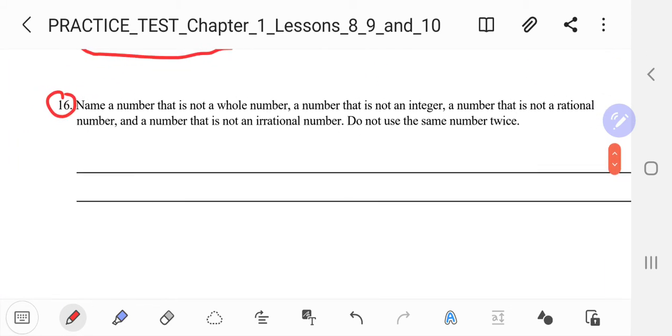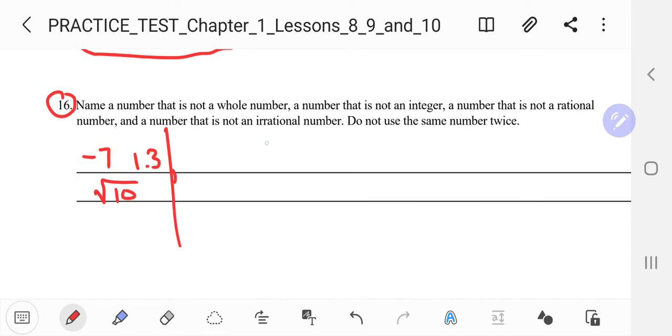Now we're listing a number. Name a number that is not a whole number. So just give it a decimal, or make it a negative. So -7 would be a good idea. These are the not whole numbers: 1.3 would be one, square root of 10 would be not a whole number.